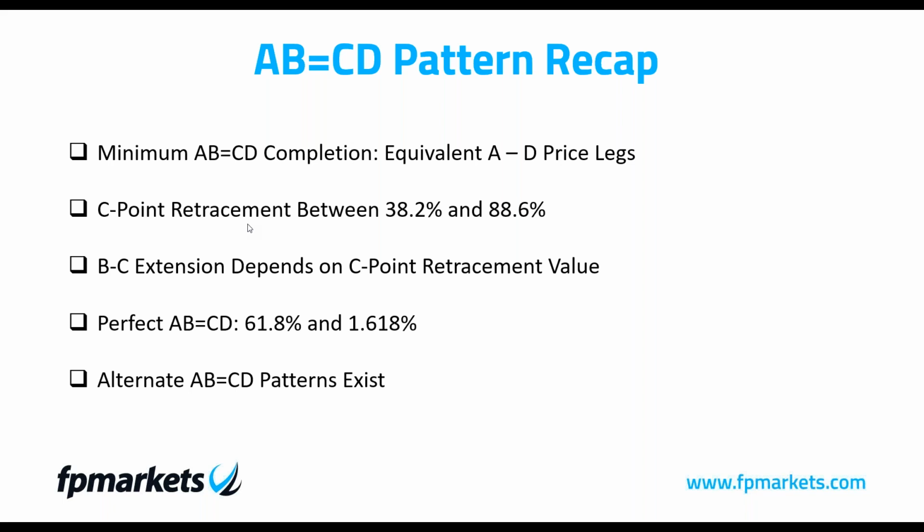Remember that if the C point retracement is a 50% retracement, we'll be looking for a 200% BC fib extension. The perfect AB equals CD is the 61.8% C point retracement, followed by a subsequent 1.618 Fibonacci extension. And as I've just briefly touched on, alternate AB equals CD patterns exist, which are simply 1.272 and 1.618 Fibonacci projections, projected on from the traditional AB equals CD pattern.